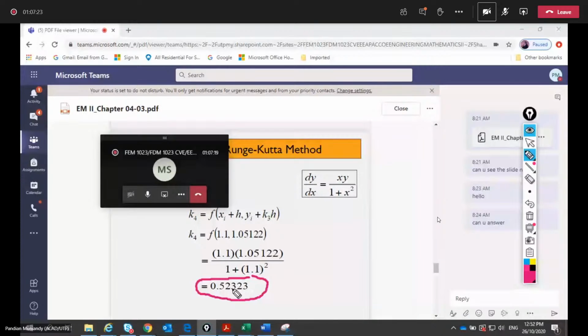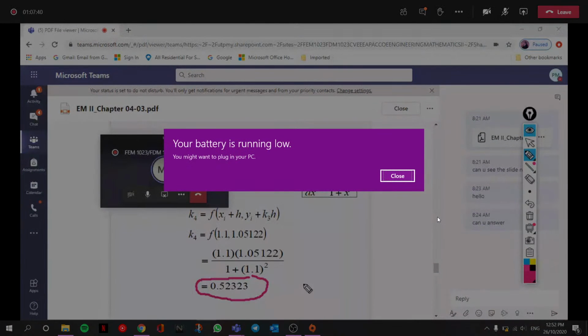Who is that? Dennis. Thank you, Dennis. Sir, how many decimal places do we need to take for each value of K? Yes, this is a good question. It depends on your calculator, and we don't want more than 6 if possible.